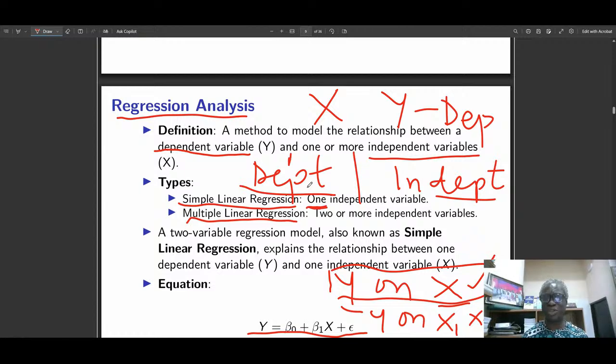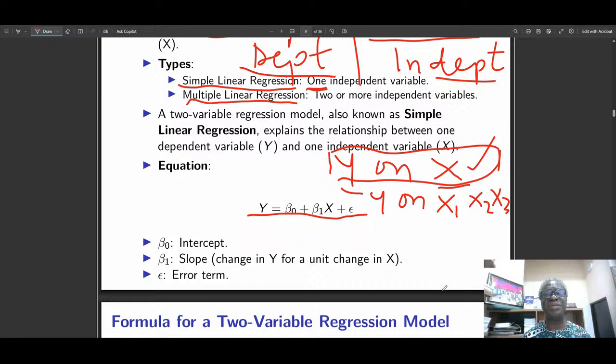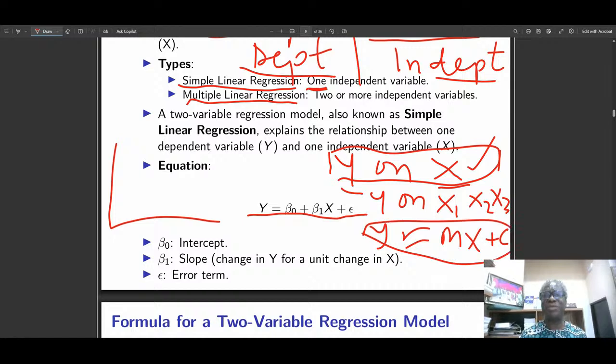So we'll look at what each of them represents. Just like in a linear equation, generally you have y equals mx plus c. So this expression is from a linear equation, if you are already familiar with that.